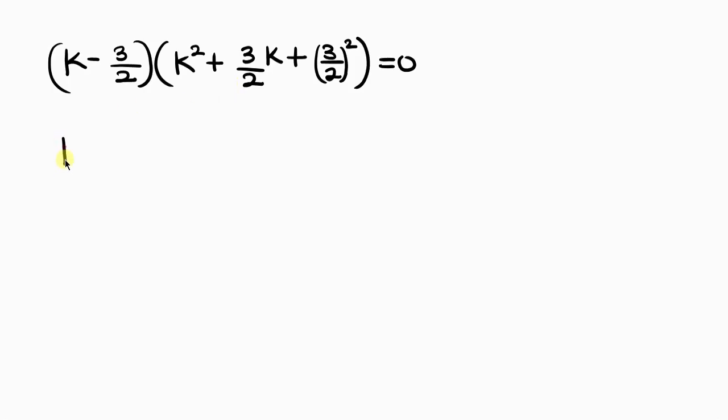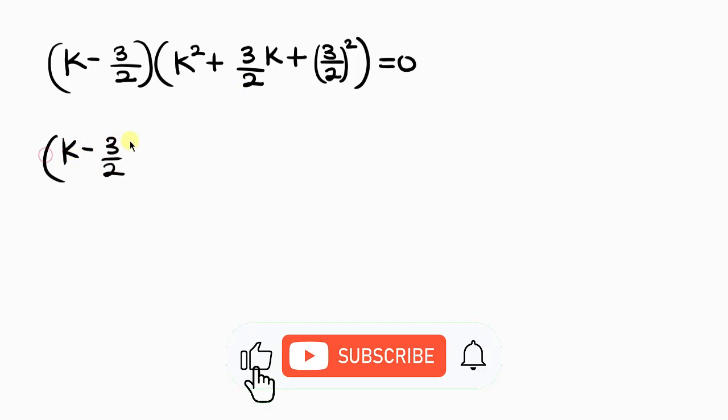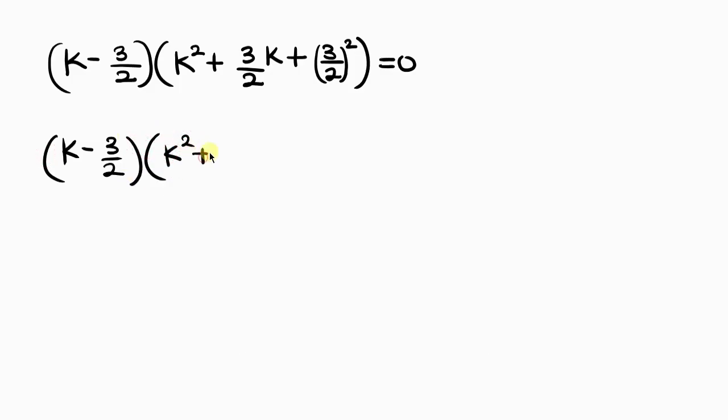So we have k minus 3 over 2 times k squared plus 3 over 2k plus, now this square affects the numerator and the denominator. So 3 squared is 9 all over 2 squared is 4. And this is equal to 0. So we have two cases.